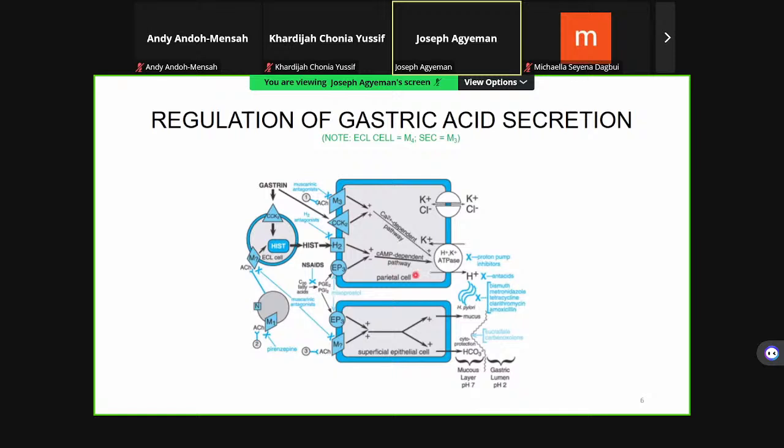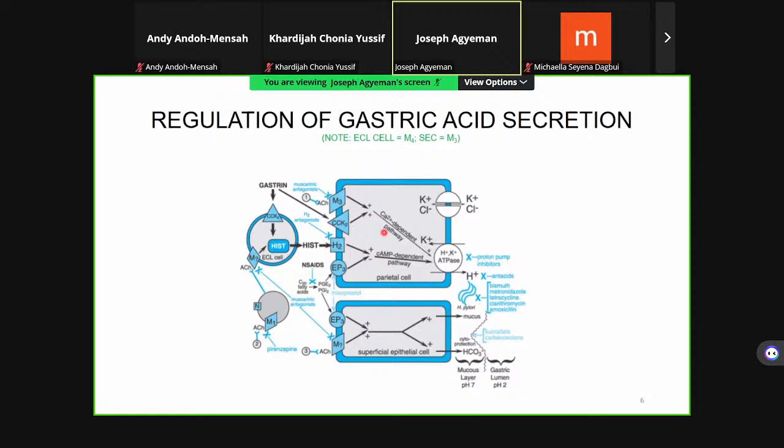If you are moving a positive charge out, it is not going with a negative charge. So it means that you are going to create more negatives within the cell. So to balance the charges, one H plus goes out, then one K plus comes in to maintain electrical neutrality.